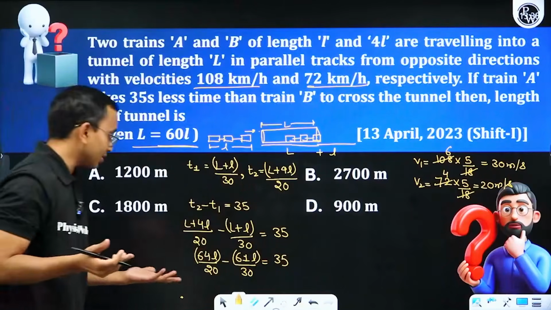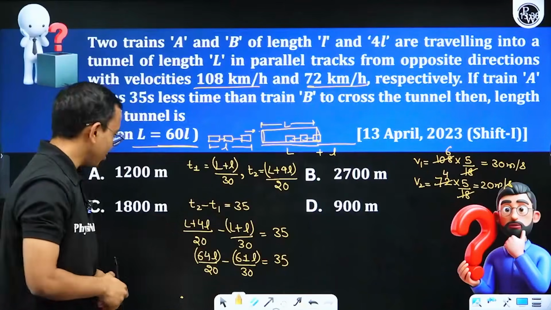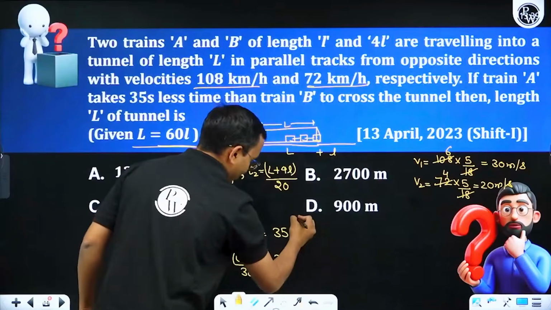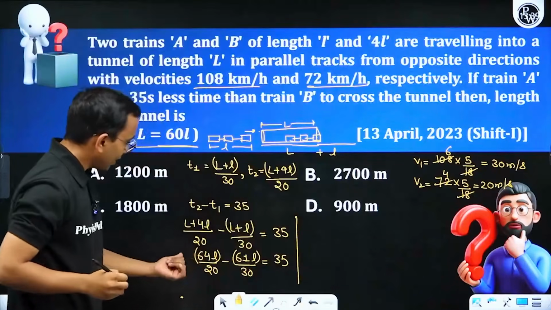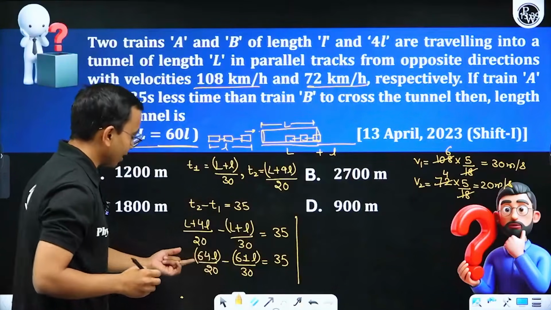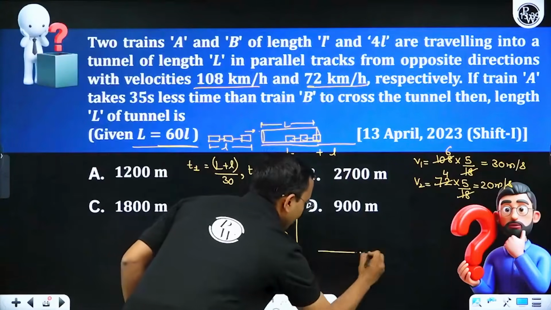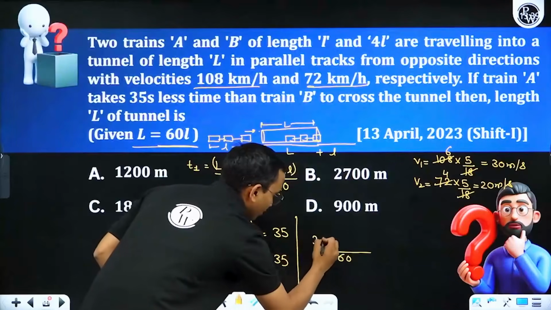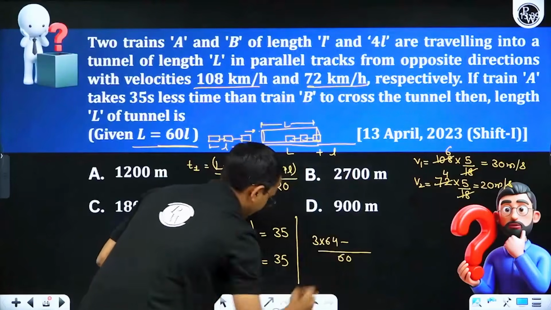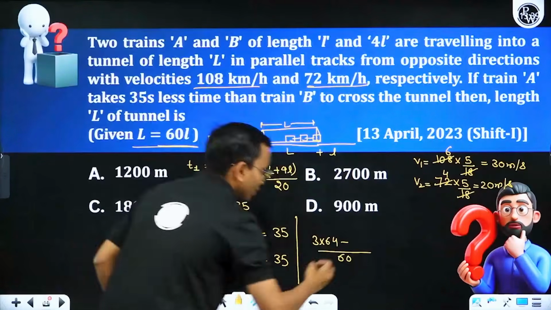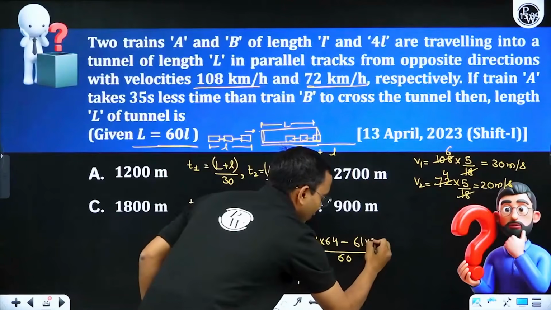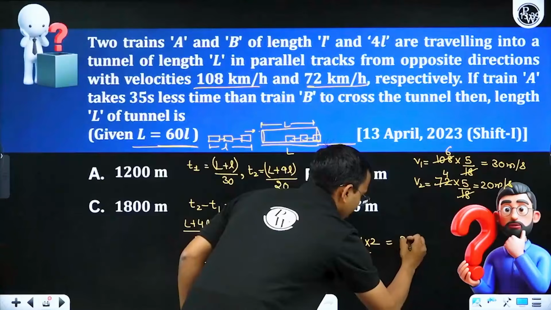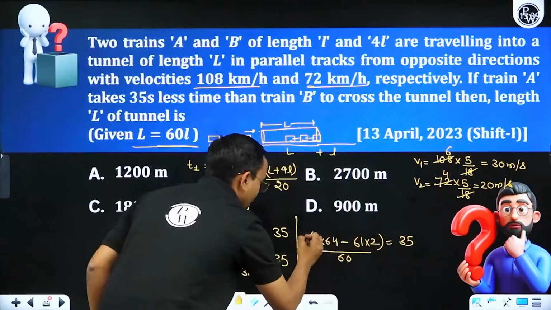Sometimes calculations are there, but we need to solve that properly. So let me write here itself what it will become. I'm taking 60 as the LCM. So this will become 3 into 64 minus 61 into 2, and this is my 35, this much l.